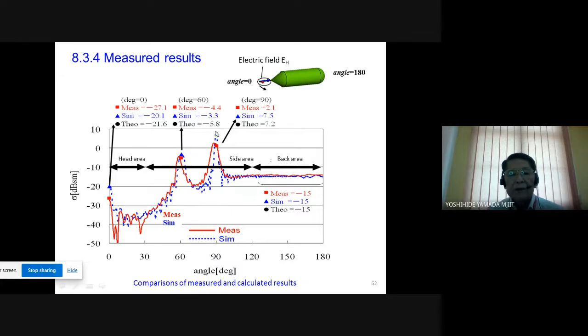And the side area is very strong. And this is this area. And this head is this taper reflection. The radar cross section becomes very small. So the correct characteristics can be measured.